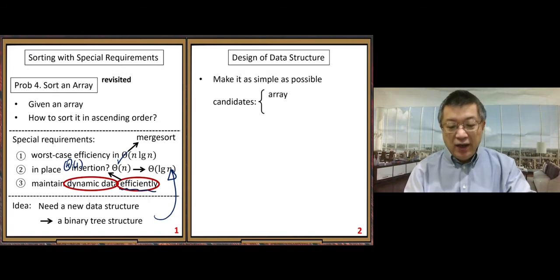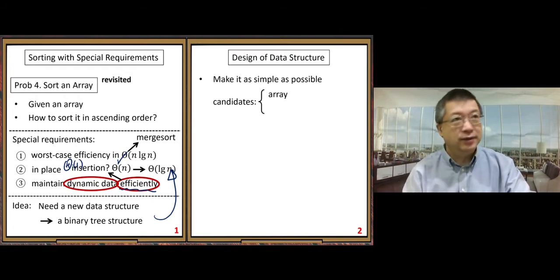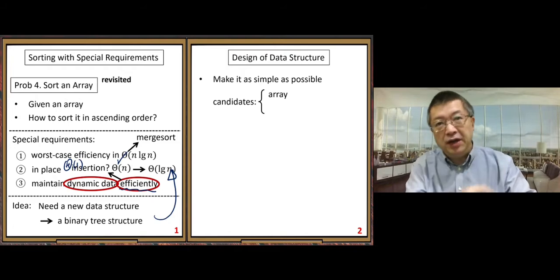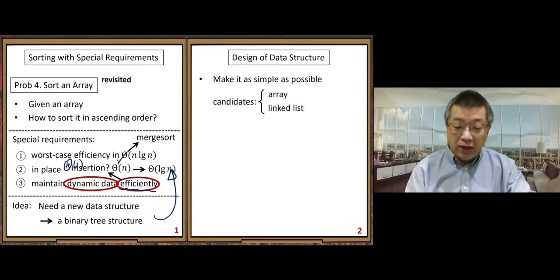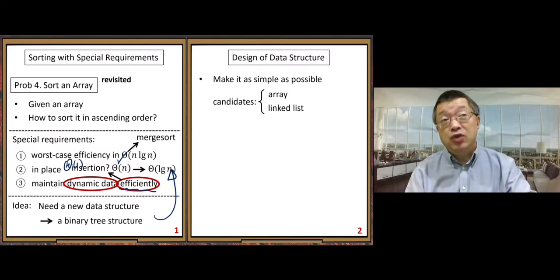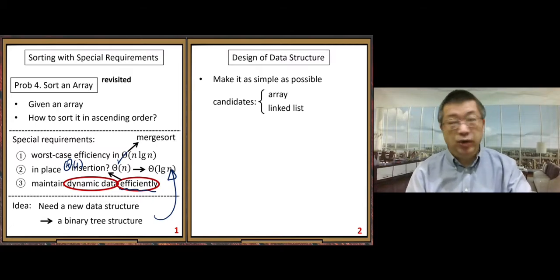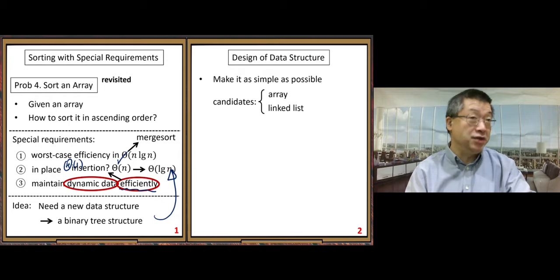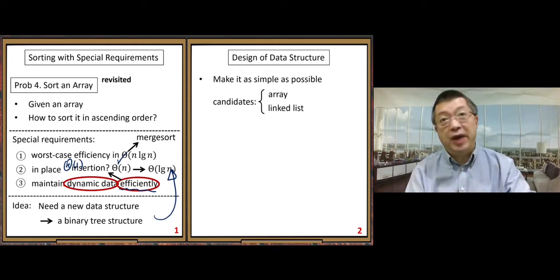Array is one, the most frequently used data structure in our experience. So definitely our first candidate is array. Second one, linked list. Another data structure, but we rarely use linked list. For this class, we haven't used it.